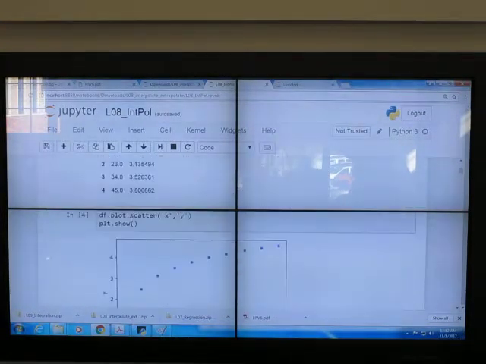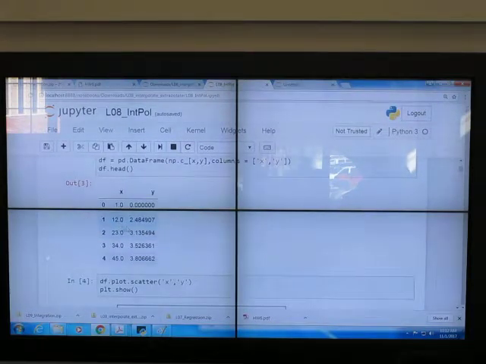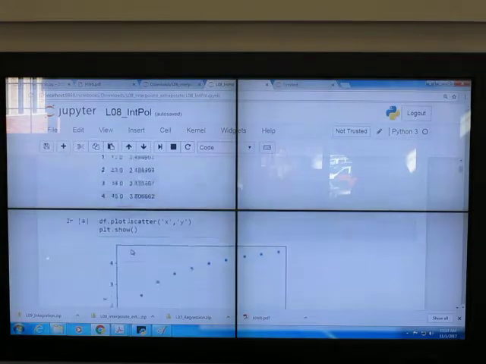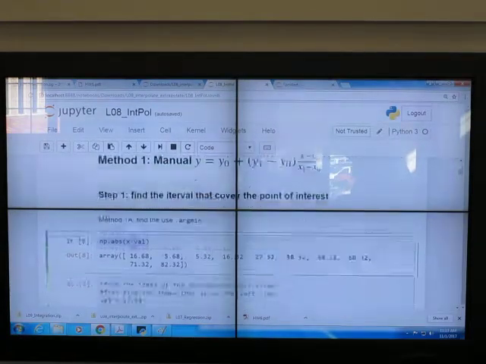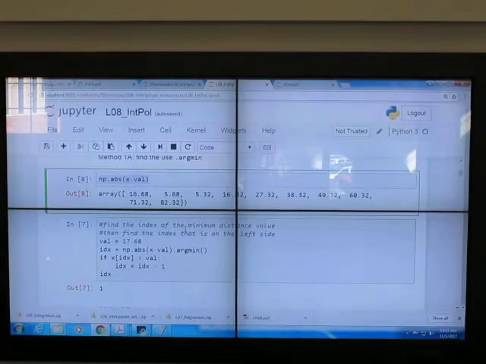So basically I do 1 minus 17 point something, 12 minus 17 point something, 23 minus 17 point something, 34 minus that, 45 minus 17 point something, and I get the value. Then argmin will tell me the index of the minimum distance value.